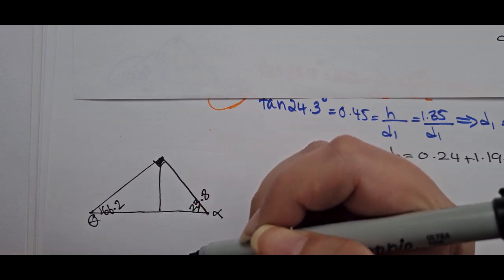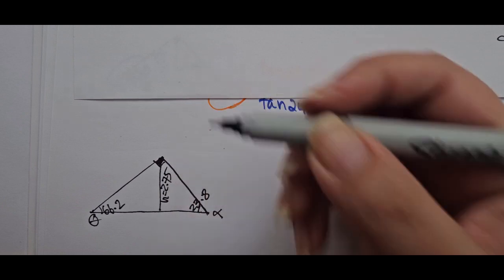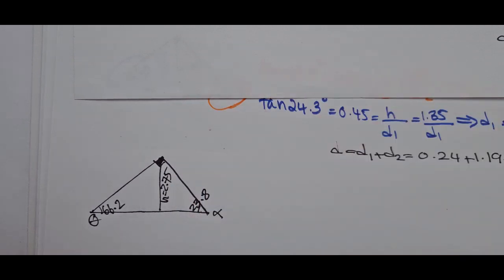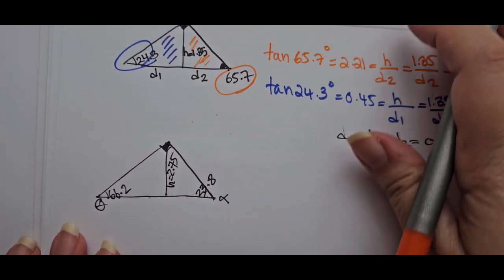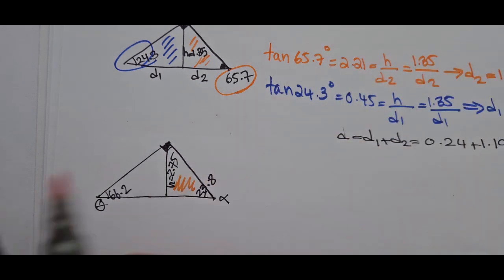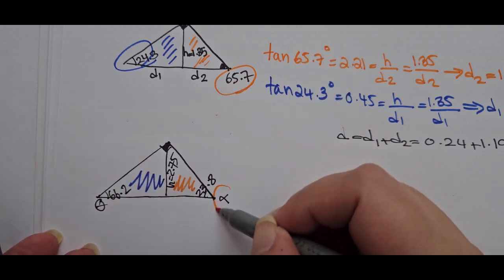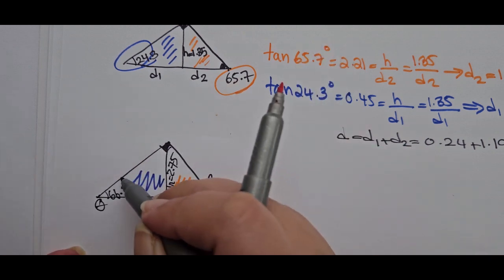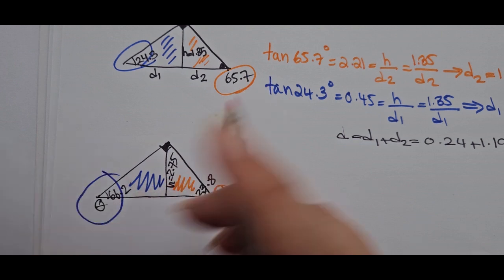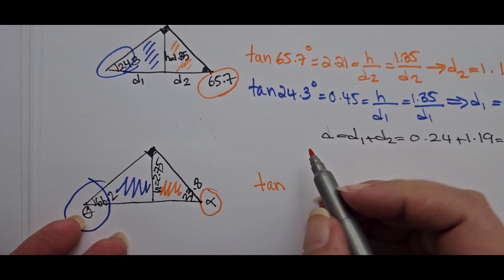And remember, guys, the h was given to you, 2.75. I'm going to do exactly the same thing. So I will have two triangles, right? Orange, and then I would have the blue triangle. So I will do the tangent for this angle, and I'll do the tangent for this angle separately, and I get the value of d1 and d2 and add them together.